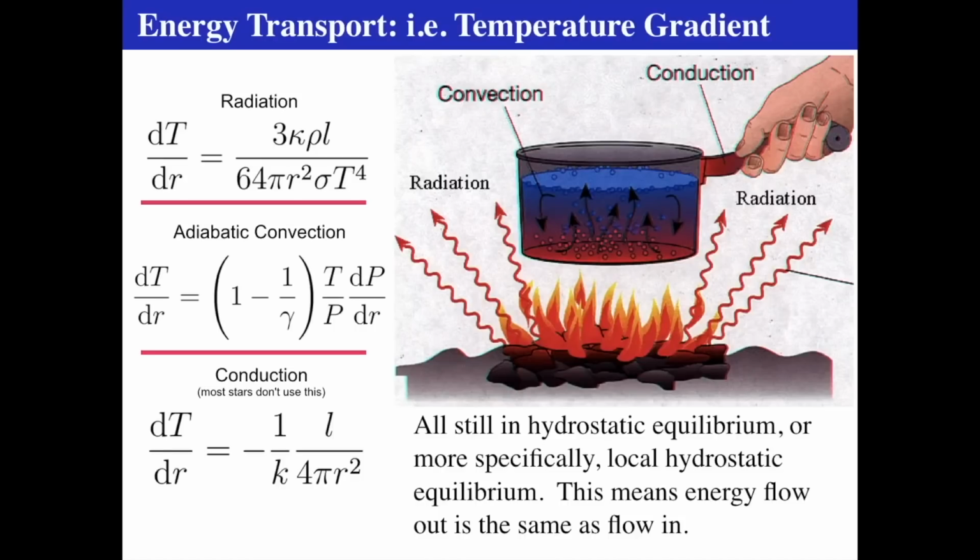The middle one is adiabatic convection, meaning the energy does not flow into or out of the bubble, and so the temperature gradient depends only on the pressure, as well as how well it can hang on to that heat, and that's what the gamma is at the left.